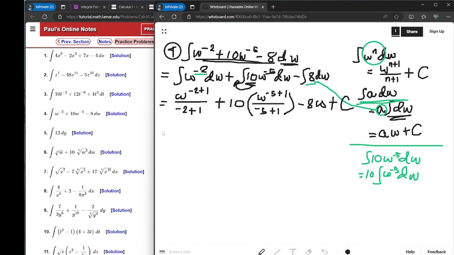Then we will simplify. That is w to the negative 2 plus 1, which is negative 1.